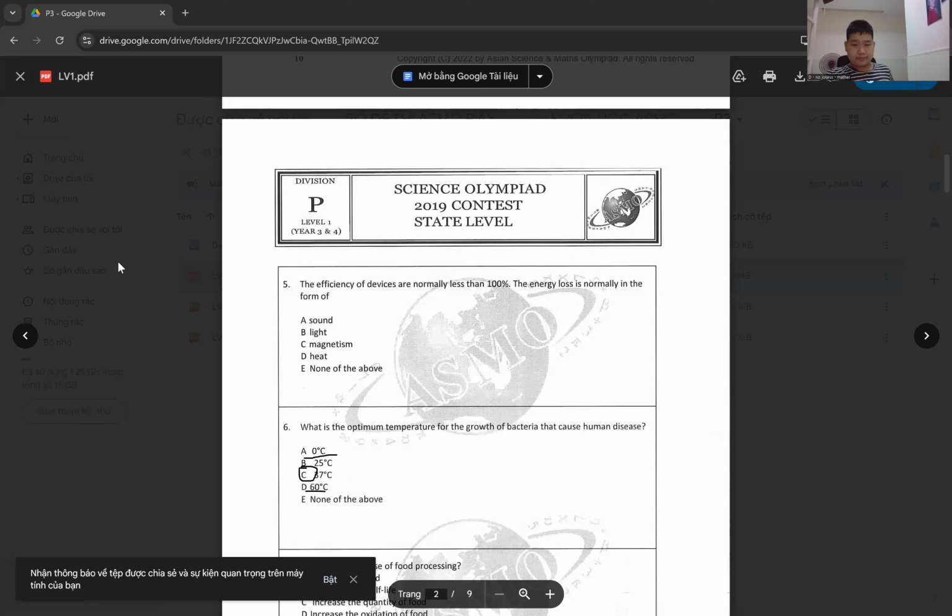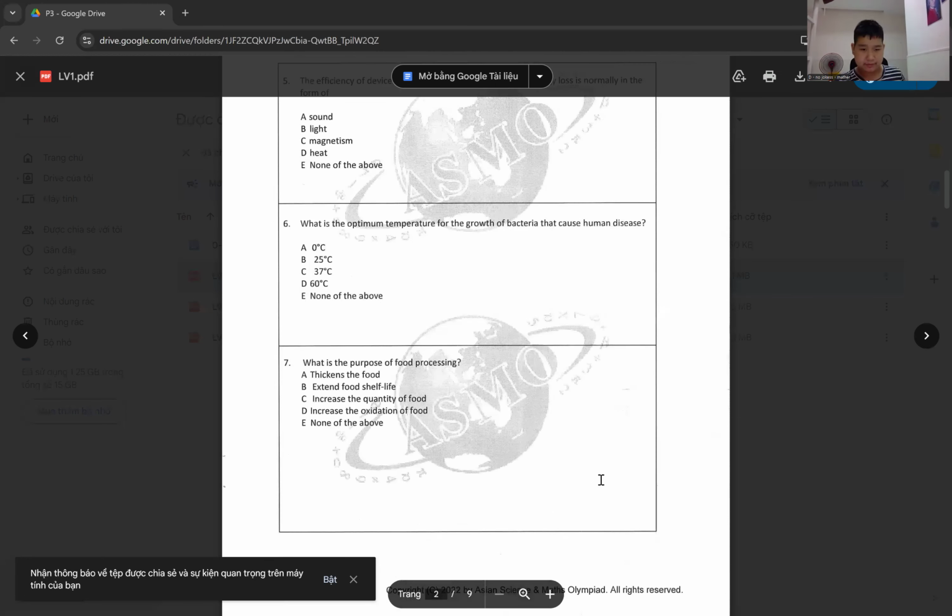All right, so what is the purpose of food processing? It does not thicken the food. If you ever try anything a little bit processed, it doesn't really make the food thicker. If you try a non-processed and a processed version of the food, there's no sign of thickening, nor is it increasing the quantity, unless you're trying to inflate water into your food.